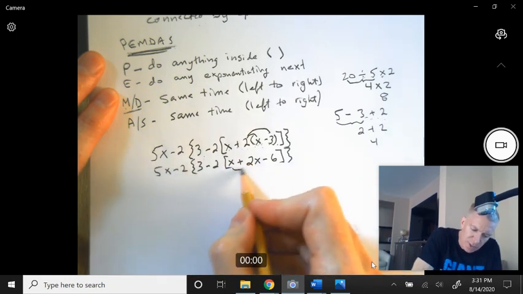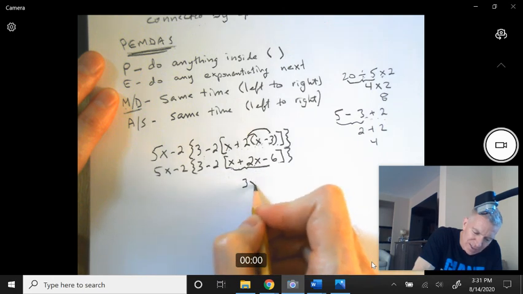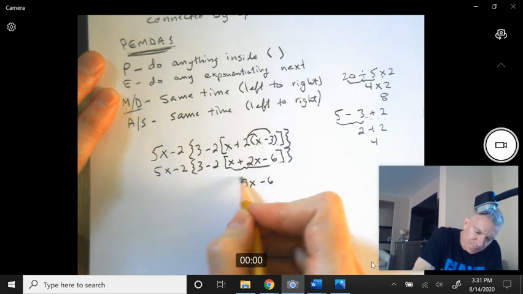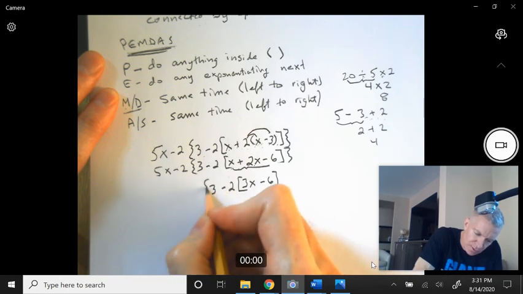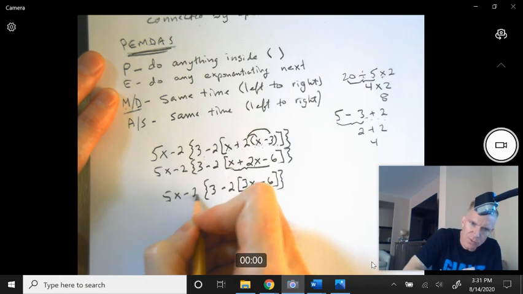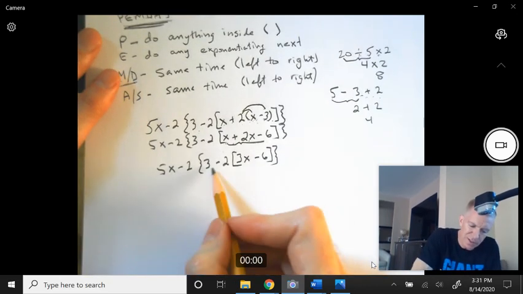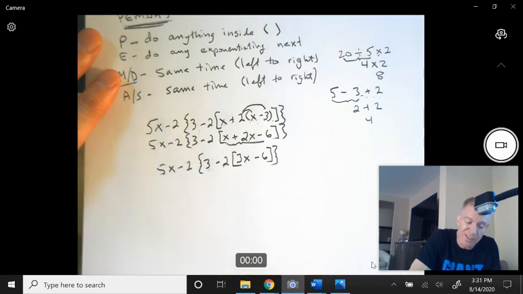Now my innermost parentheses, this, I can simplify. x plus 2x is 3x, and then minus 6. And I've got the 3 minus the 2, braces, 5x minus 2. Okay. It is tempting to do that 3 minus 2 because it's outside the parentheses. It'd be a 1, but you cannot do that.